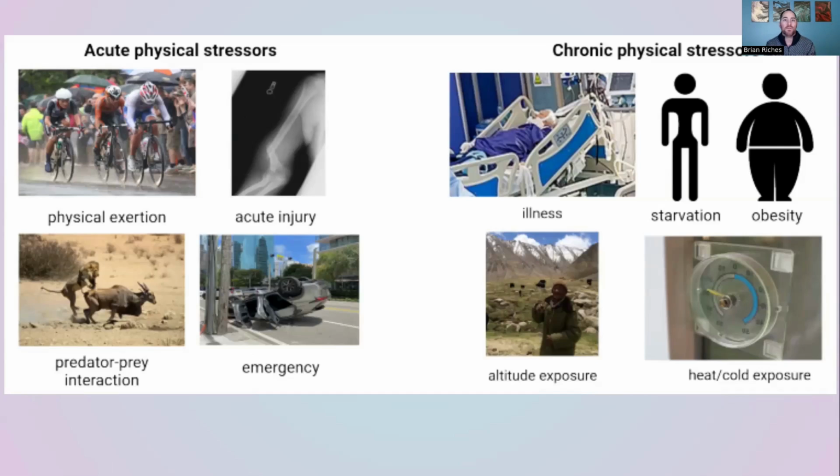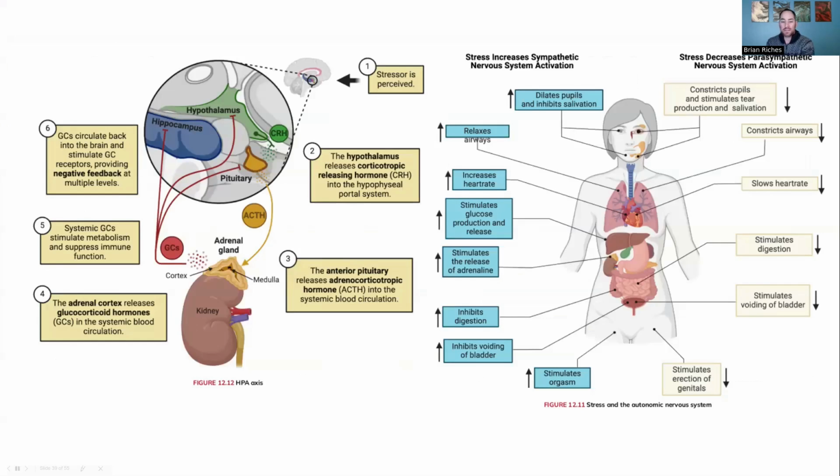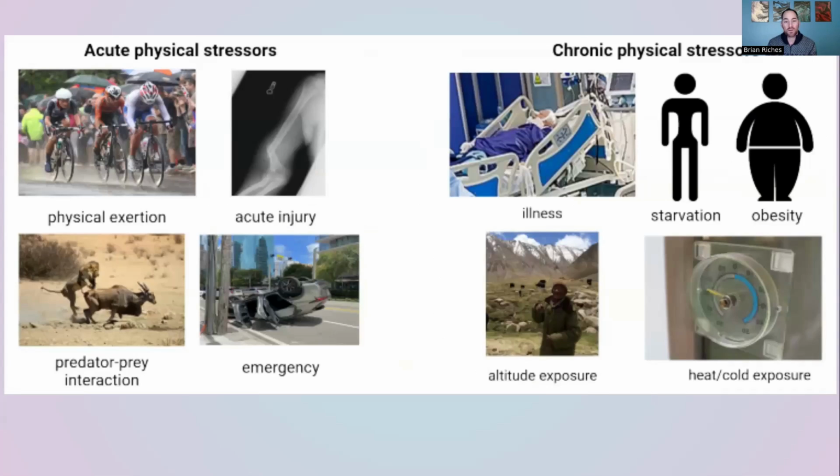Being at a high altitude for a long period of time, your body is using more of those stress hormones, so it's not in allostasis, right? The systems aren't working how they're designed to over time. And that's why some of these chronic stressors can be really damaging. Overusing some systems and underusing others can lead to long-term damage.